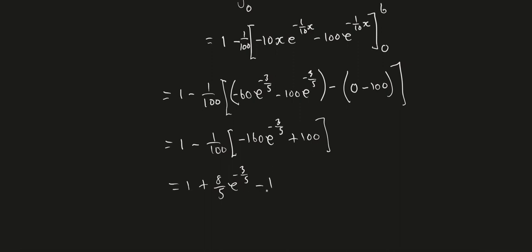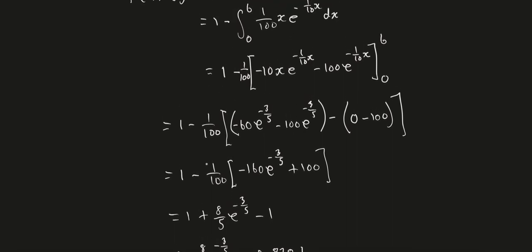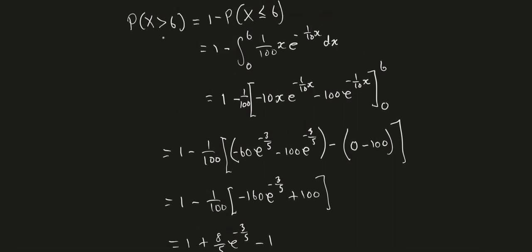So even the 1 cancels out. Man, that works out nicely. So this is our exact probability. Rounded to 4 decimal places, it is 0.8781, right? So almost an 88% chance that this gamma random variable will exceed 6.